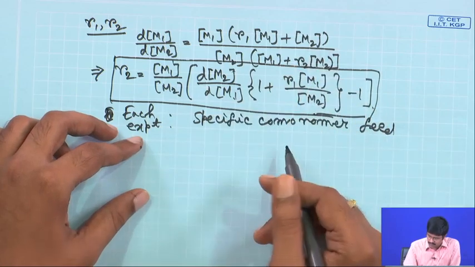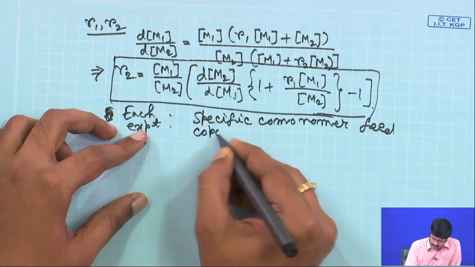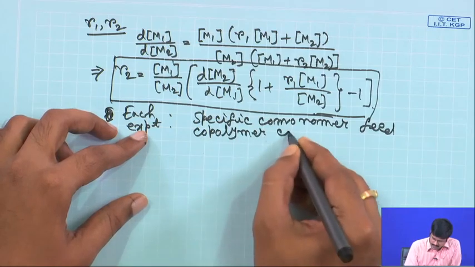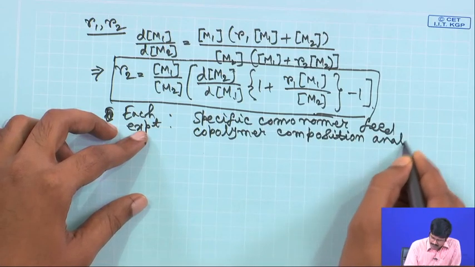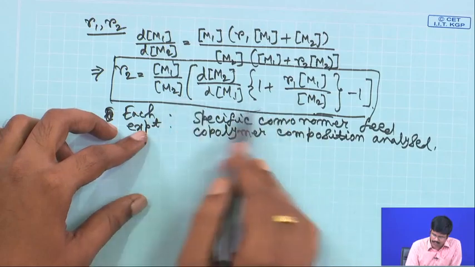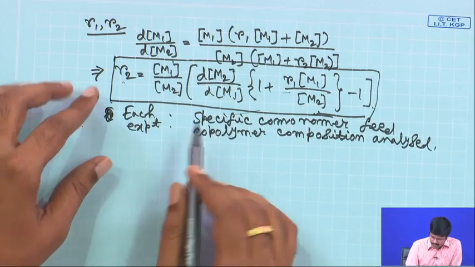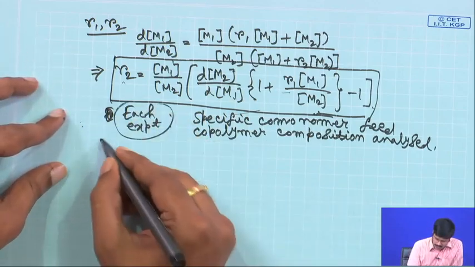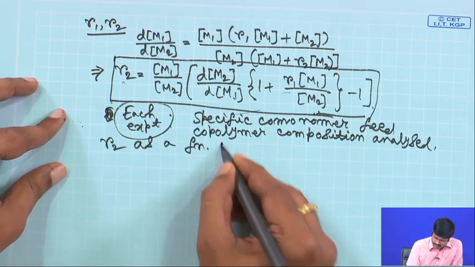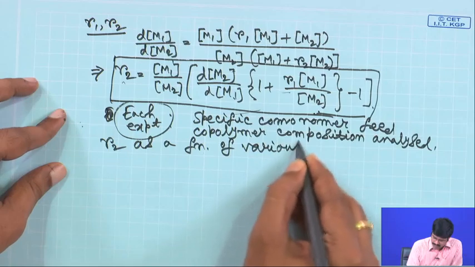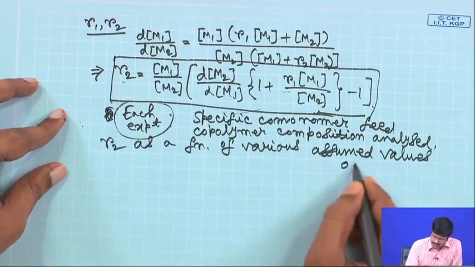You can directly analyze the copolymer composition. So, in this particular equation, other than R1 you know everything. So, these two are linearly related. What you do then is, for each experiment, you plot R2 as a function of various assumed values of R1.